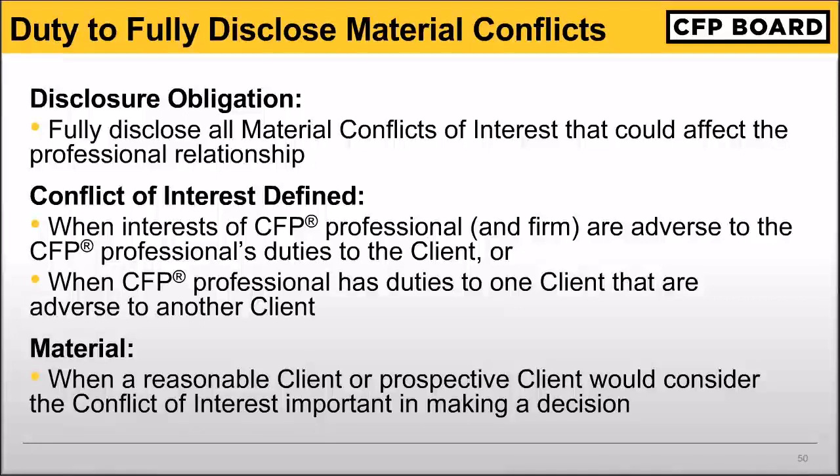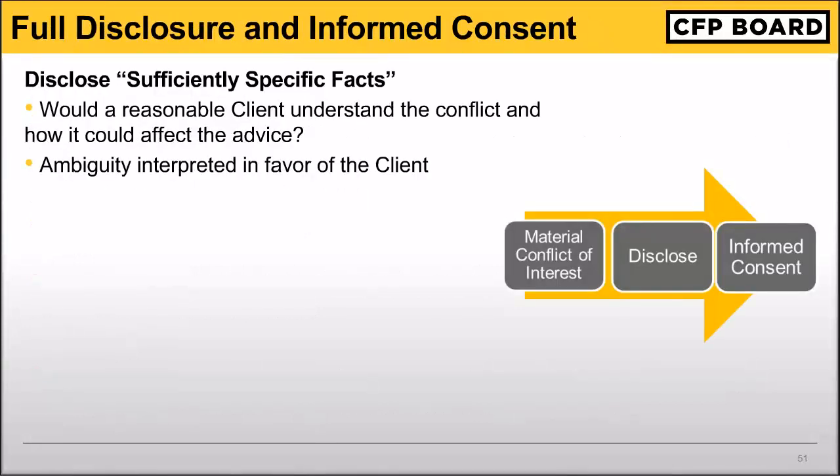So, full disclosure and informed consent. The obligation requires the CFP professional to provide the client with sufficiently specific facts so that the client is able to understand the conflicts and the business practices that give rise to the conflicts, and give informed consent to such conflicts or reject them. That's a lot of words there, but it's very important.